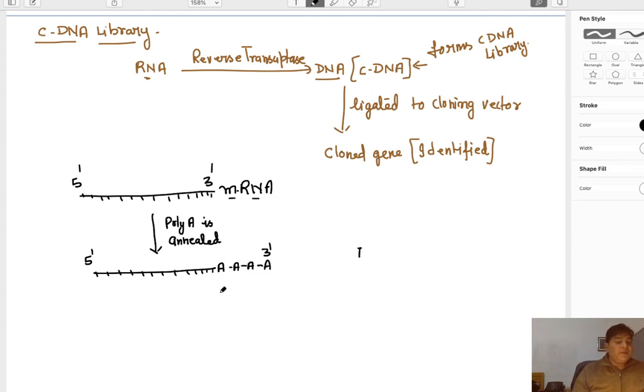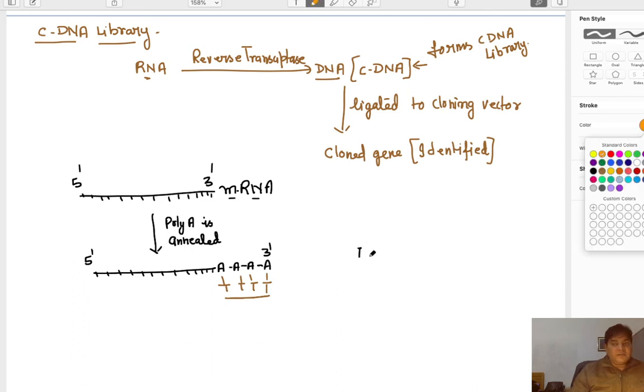Then we supply the nucleotides, and obviously the nucleotides here will be TTT. They will be placed corresponding to the AAA. They will pair with it, and then this TTT acts as a base for the start of the reaction. Then we use an enzyme, that is reverse transcriptase, to form the first DNA strand.